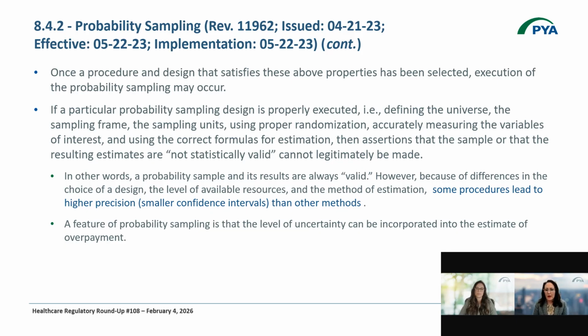So this blue here again, some procedures lead to higher precision, smaller confidence intervals, and other methods. So what this is saying here, we're talking about a contractor doing all of the steps that the MPIM has described, and it's gone through all of those steps and it said, okay, here's the result. What this is saying is basically if you've done all of these steps, then no one can refute that something is not statistically valid. Now, we would say that there's going to be holes in everything.